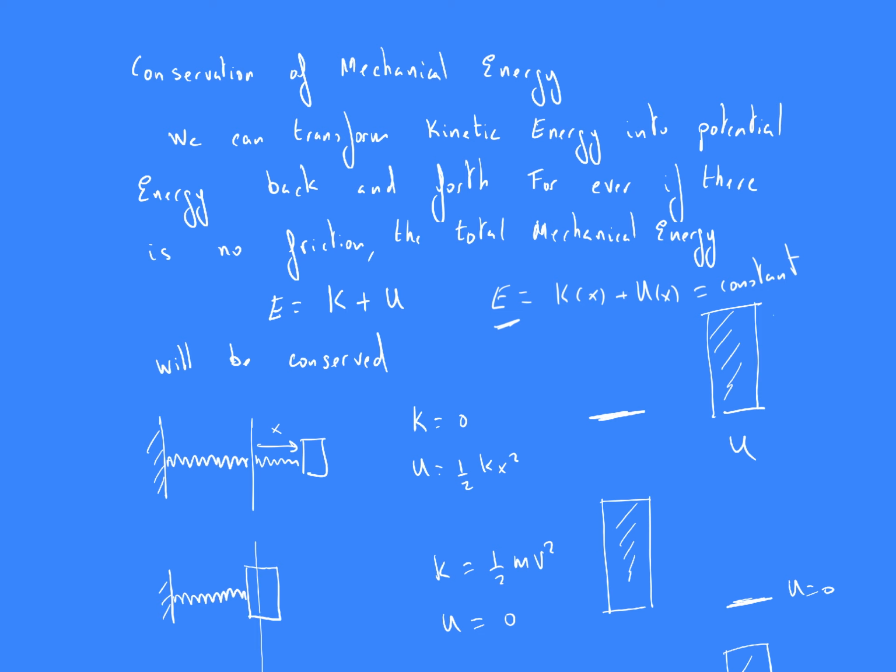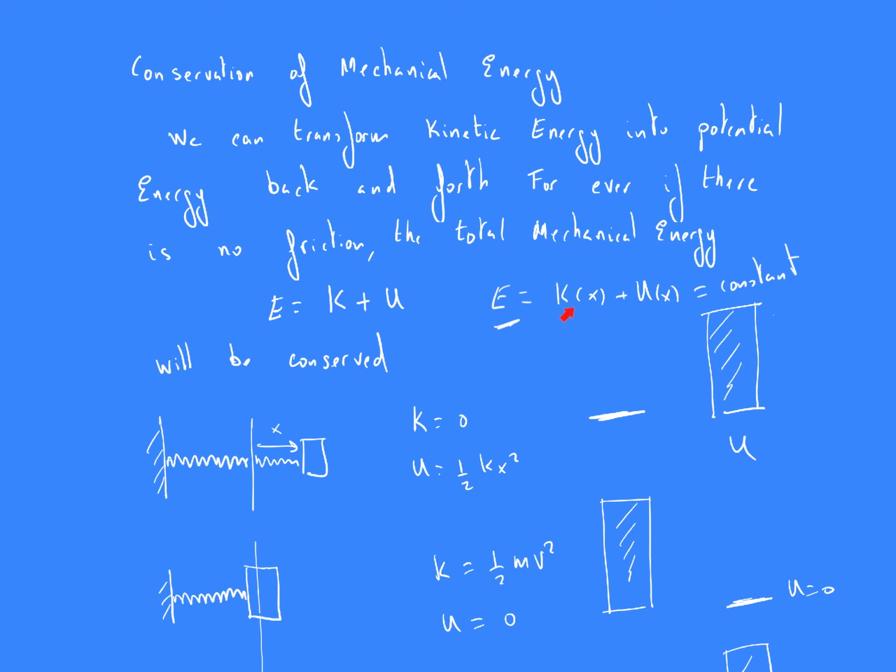And that will mean that if K grows, U has to decrease because the sum has to be constant. If K decreases, U has to be bigger in order for the sum to be constant.